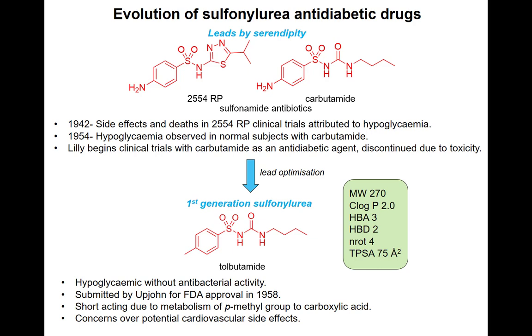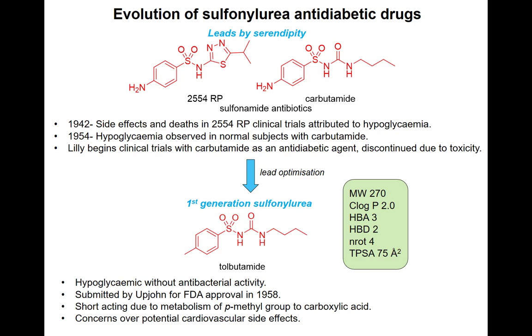And these were attributed to serious drops in glucose levels, i.e. hypoglycemia. And in a normal person, this would be dangerous, but if the person is diabetic, then lowering their glucose level would actually be quite useful.